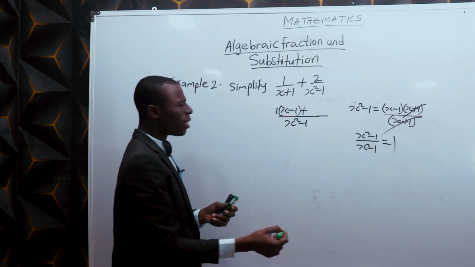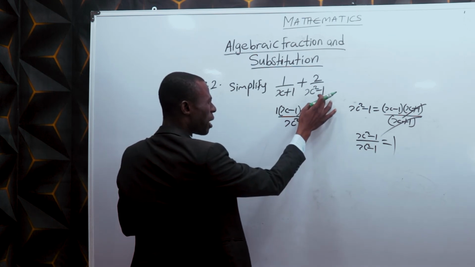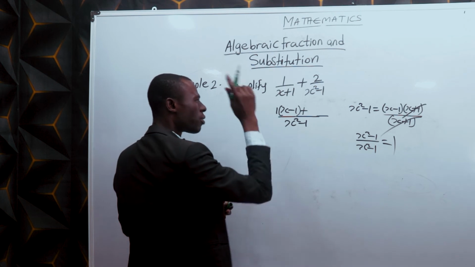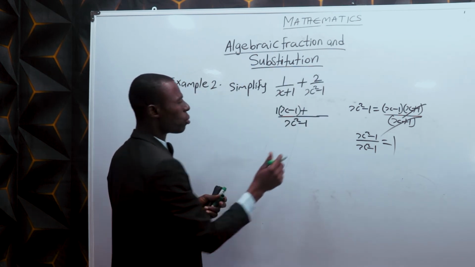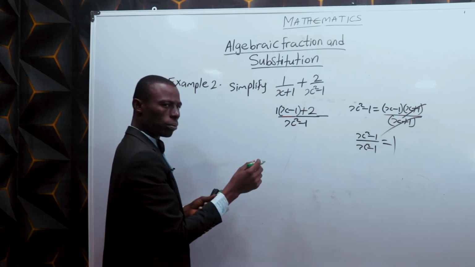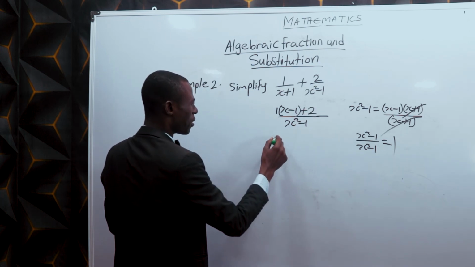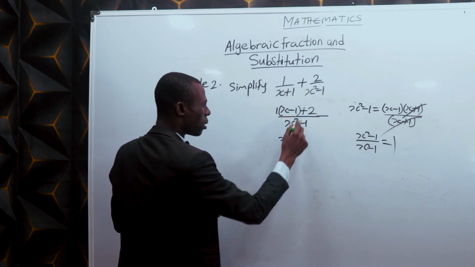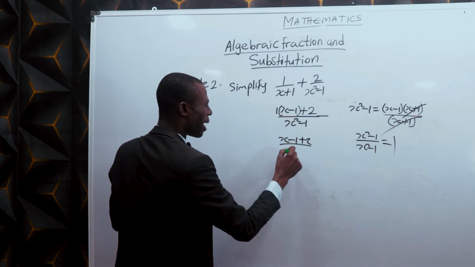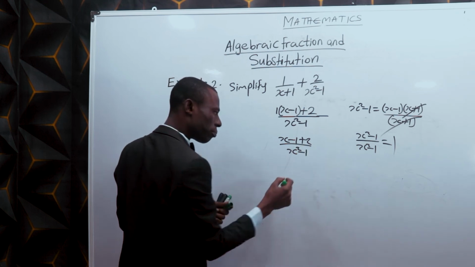Do you understand? That 1, use it to multiply the numerator, which is 2, and it gives us 2. Open the brackets. 1 times x, x. 1 times minus 1, minus 1. Then plus 2 over x squared minus 1.